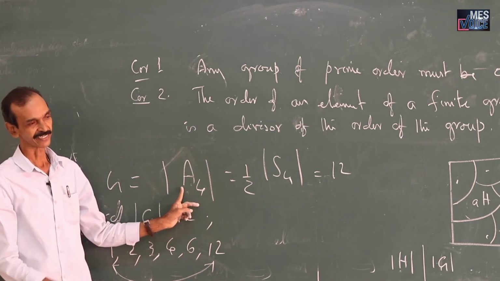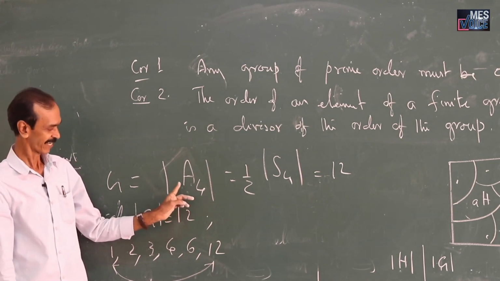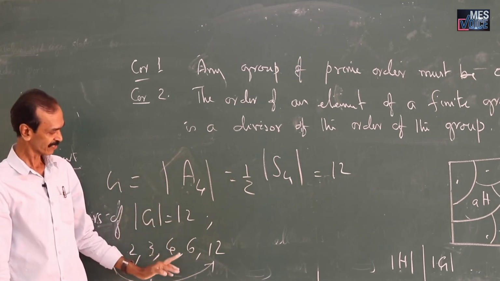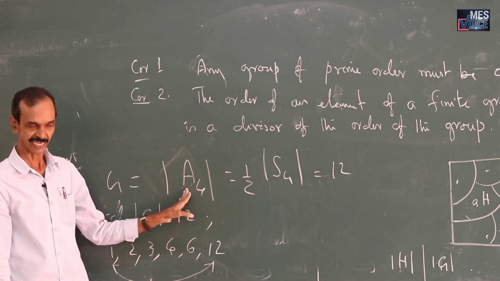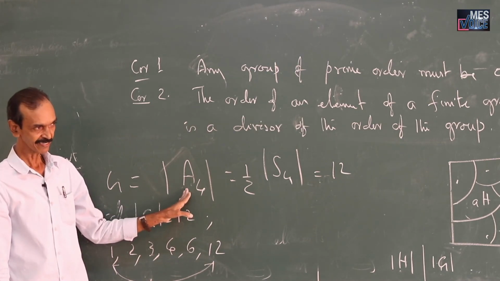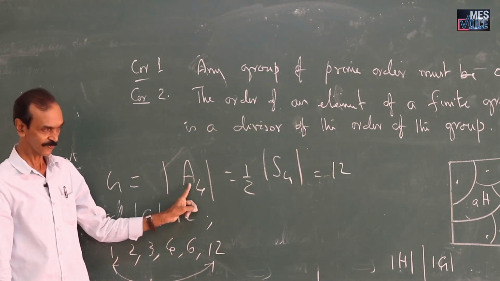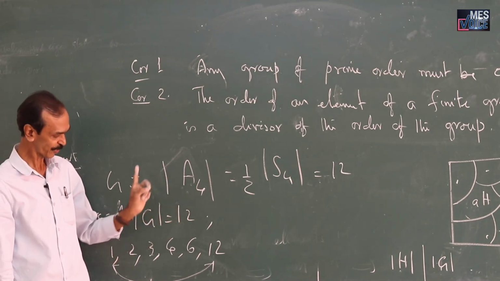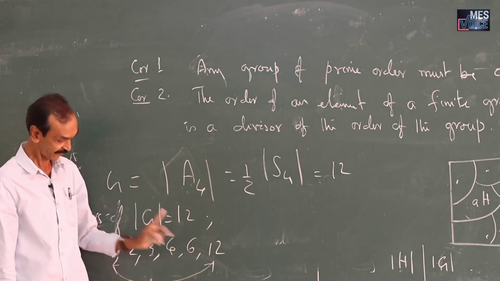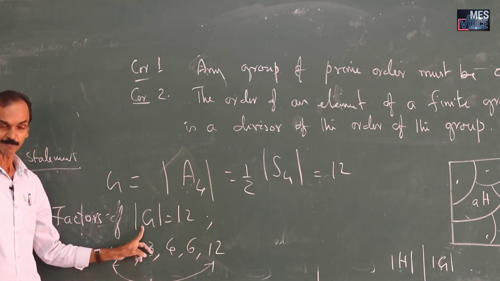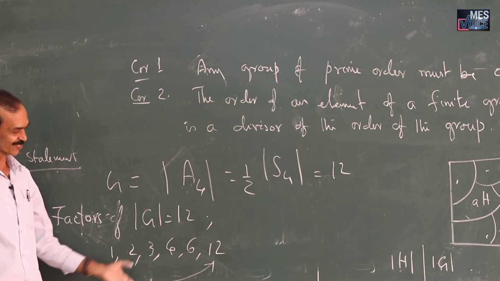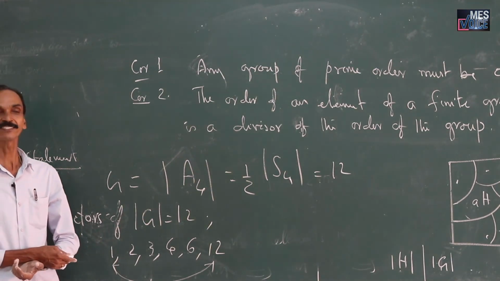You can try as an exercise that any 6 elements of A4 never form a group. It shows that A4 has no subgroup of order 6, whereas 6 is a divisor of 12, the order of the full group. This shows that the converse of Lagrange's theorem is false.